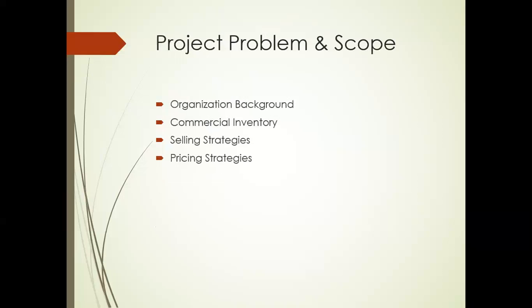As far as the problem and the scope, we have commercial inventory both on air television and online digitally. And we have it across the entire country, but also within individual zones in geographical locations. So right now I sit in our Seattle office, and so we have the Northwest, which has 5 markets, including Seattle.